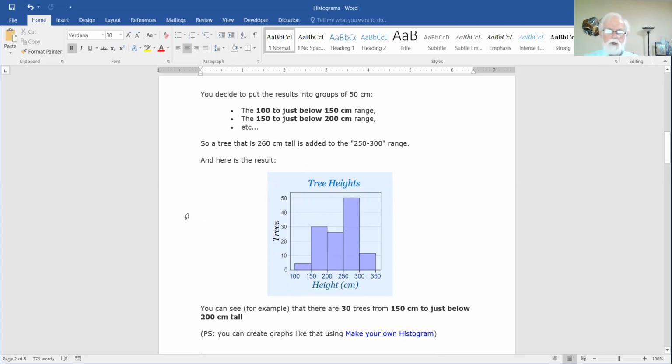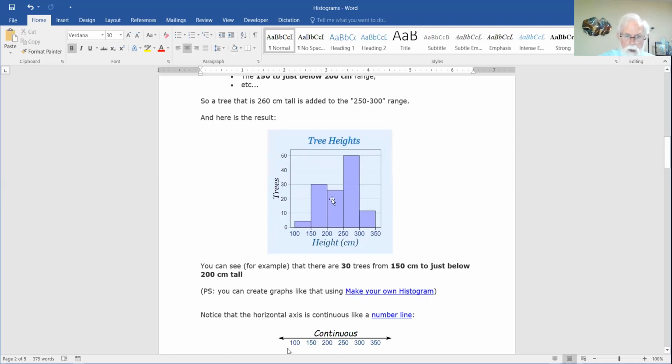So the presentation here makes it clear that we don't have any range that has more than 50 data points in it, and that we don't have anything less than 100 centimeters or greater than 350 centimeters in height.